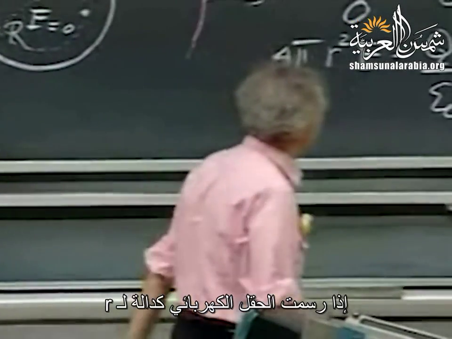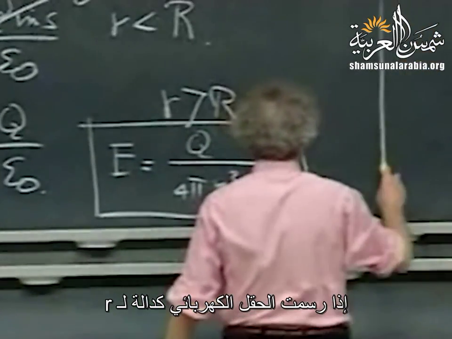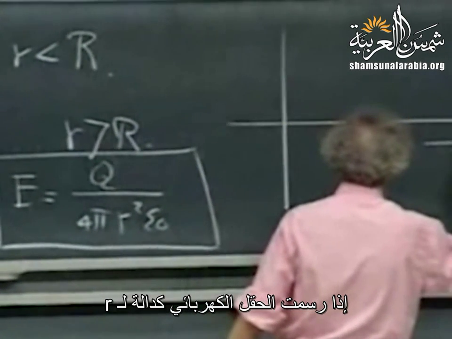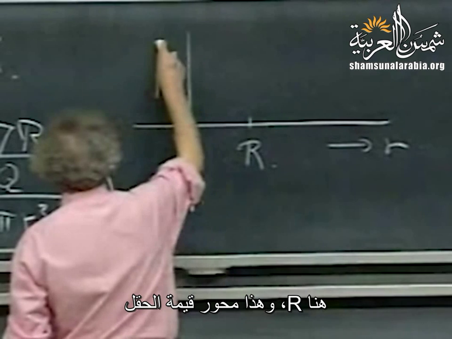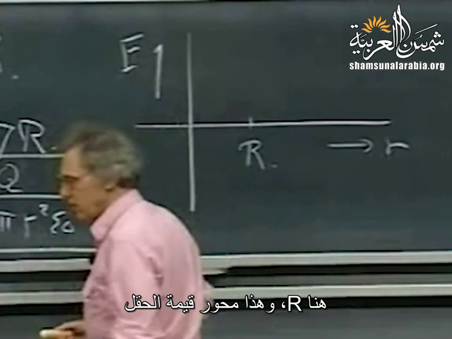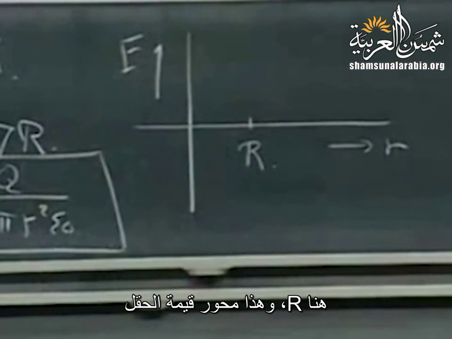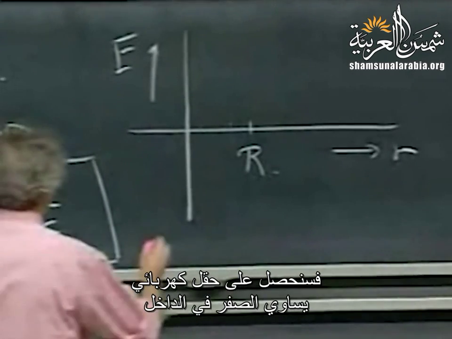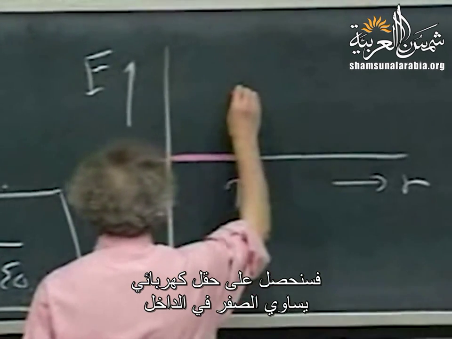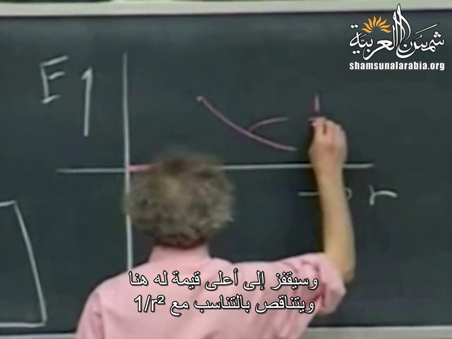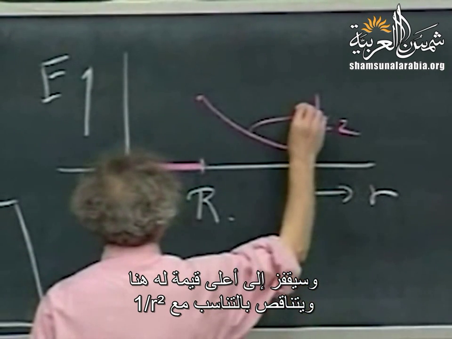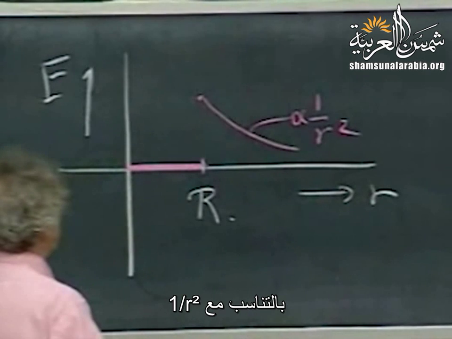If you plot the electric field as a function of r, and if here is capital R, and this is the field strength, then you would get that the electric field is 0 inside, jumps to a maximum value, and this falls off as 1 over r squared.